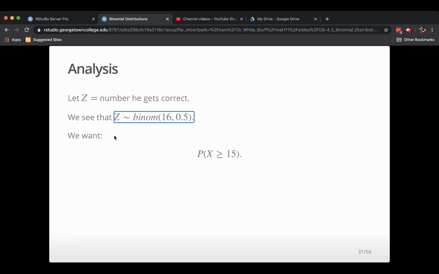All right, so we need to find the probability that that random variable Z is at least 15. Here is a typo in the slides. I'll fix them by the time you get to work with them. That should say we want the probability that Z is bigger than or equal to 15.